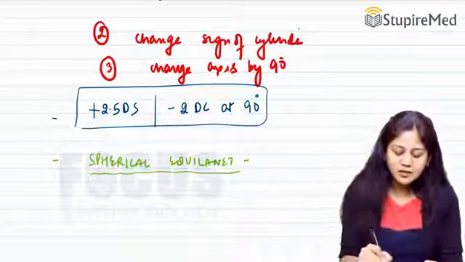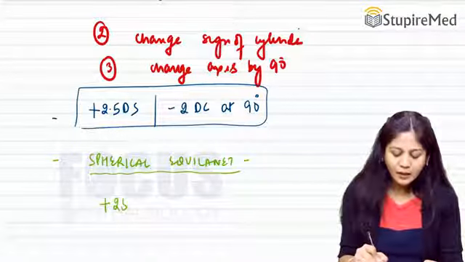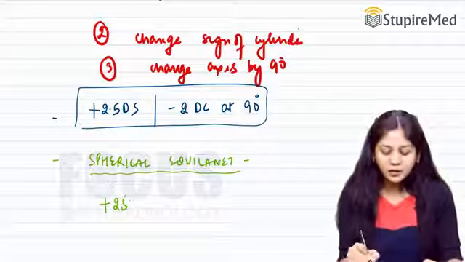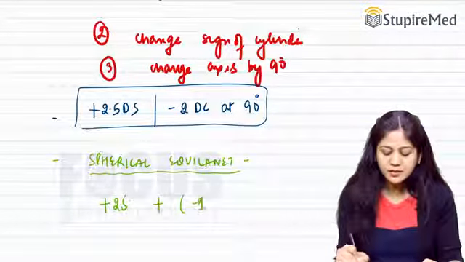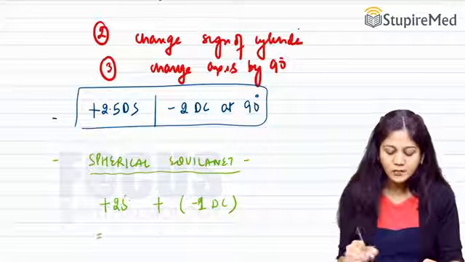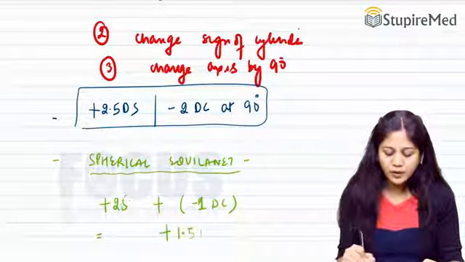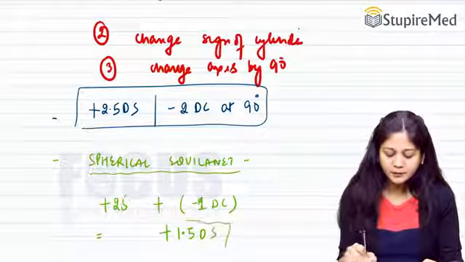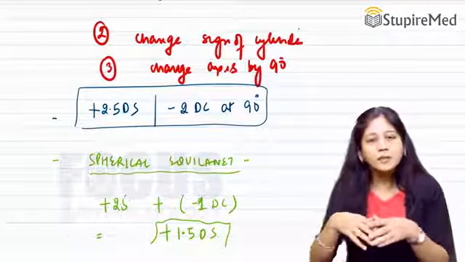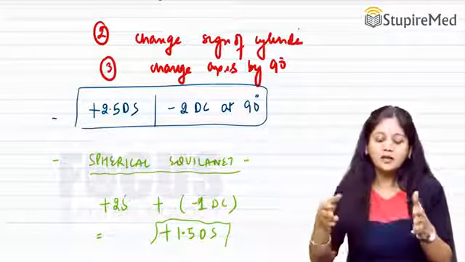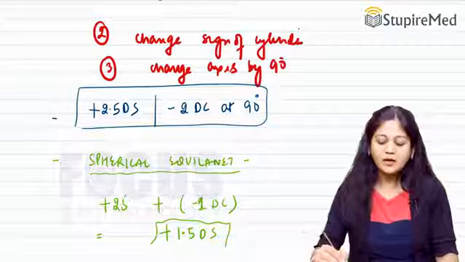Like here in this case, we have to add a +2.5 cylinder with half of the cylindrical value. So this comes out to be just 1.5 diopter sphere. You can try giving a spherical equivalent to this patient. Probably this will also have the same effect as this value.